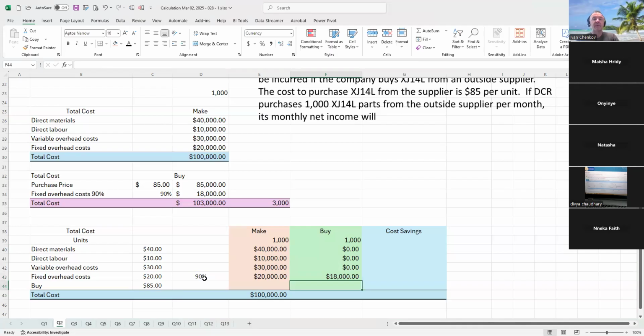Do we have to pay for the product? Yes, and the product will be 85,000. So in total, how much do I have to pay? 103,000.